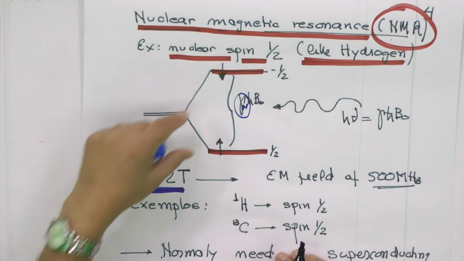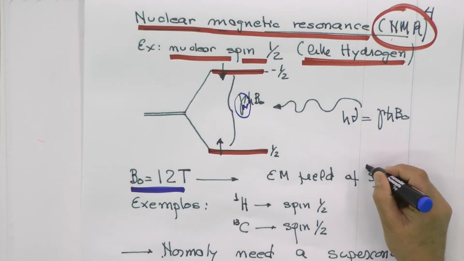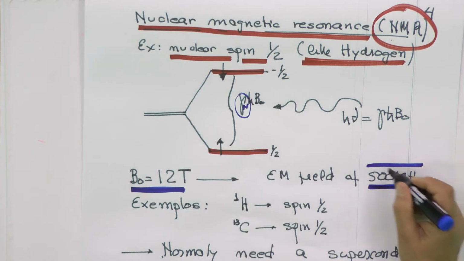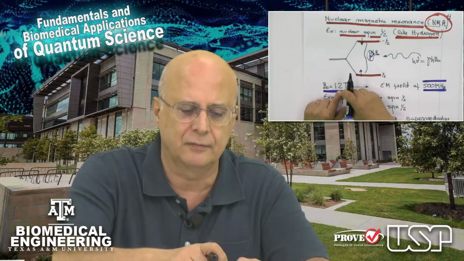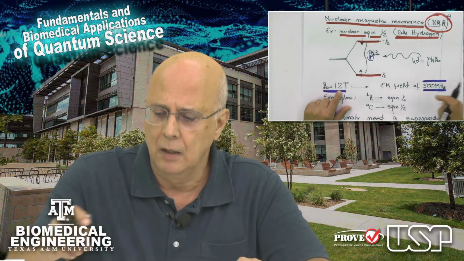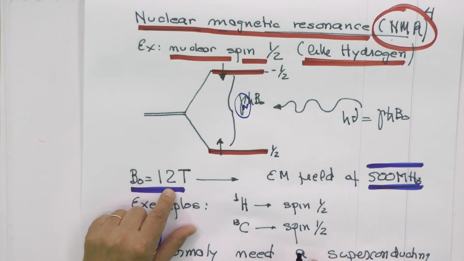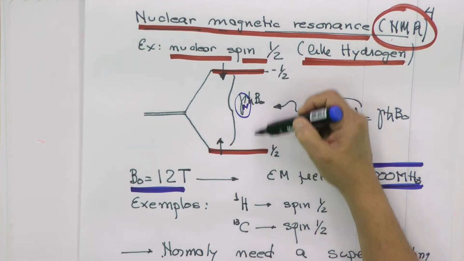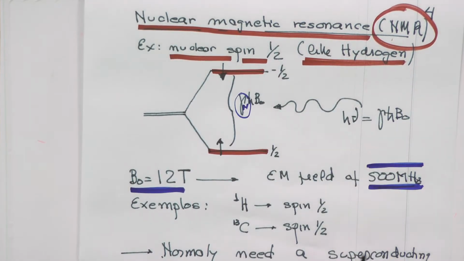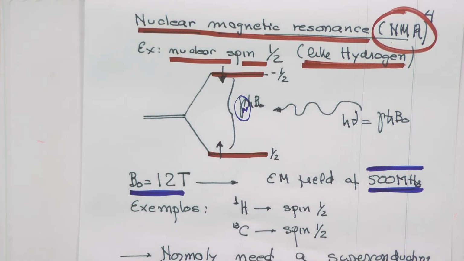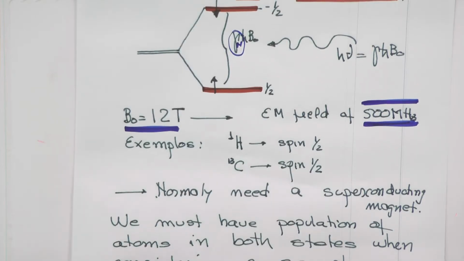And if I apply 12 Tesla, the energy of the resonance comes to be 500 megahertz. You see, the field increases by a factor of 40, and the resonance decreases by a factor of 20, because this energy is much smaller, because it's much harder to split the spin of the nucleus. The electron, in this sense, is better. It goes to higher energy.